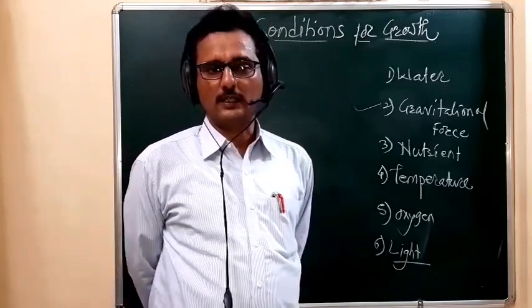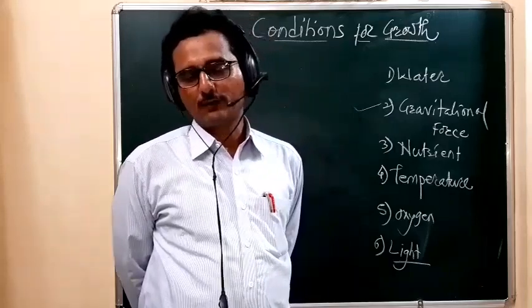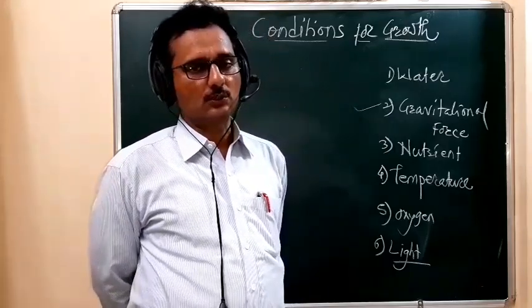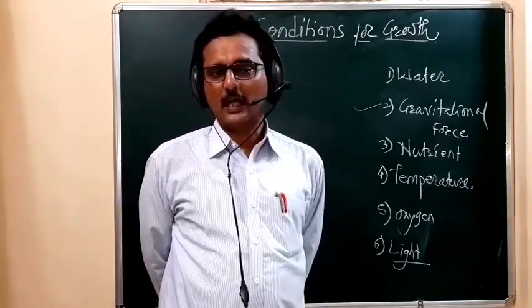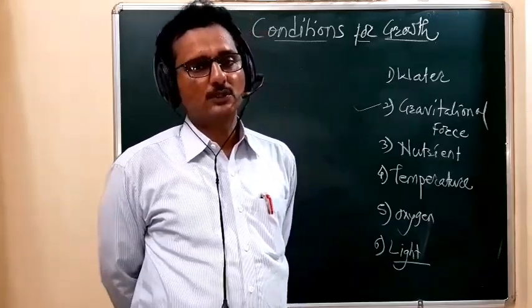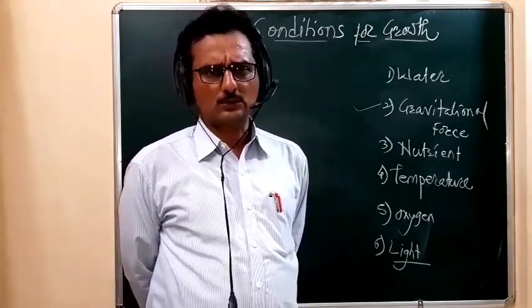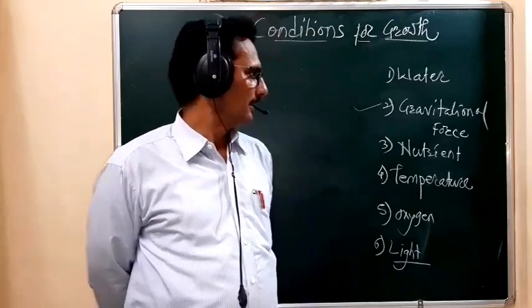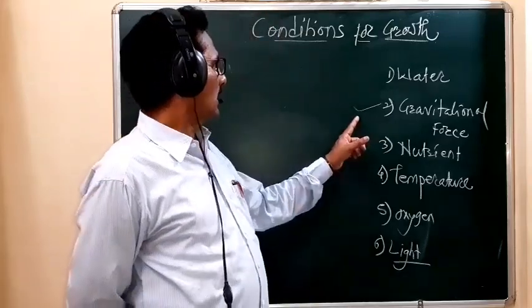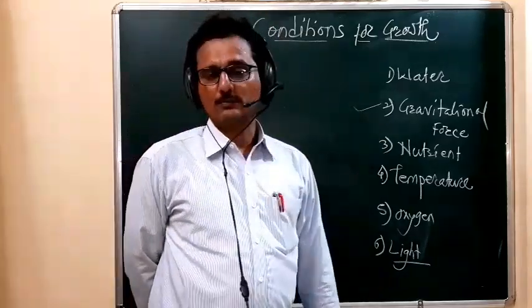The root grows downward away from the light, and the growth of the shoot takes place against the gravitational force, meaning toward the light. So gravity plays a most important role as far as the growth of the plant body is concerned.